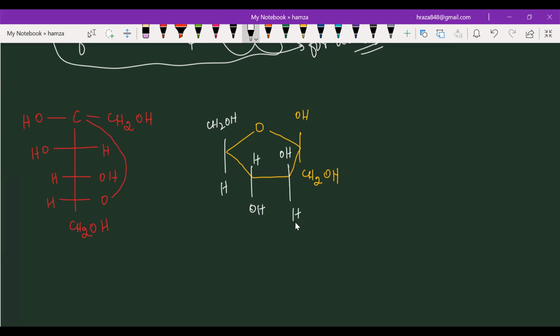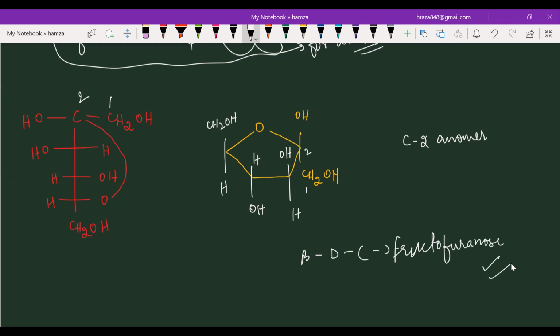And you can see the switching position: this was the first carbon, and this was the second. The switching position is second, so it is the C2 anomer, and its name will be beta-D-(minus) fructofuranose. Is that clear? Yes, sir. So everyone did it correctly.